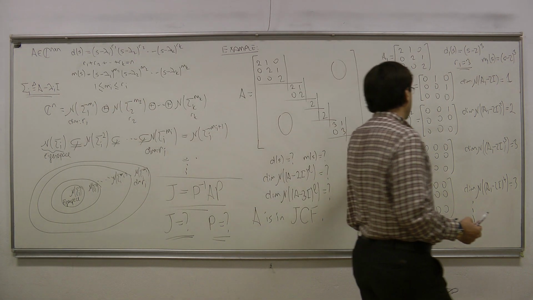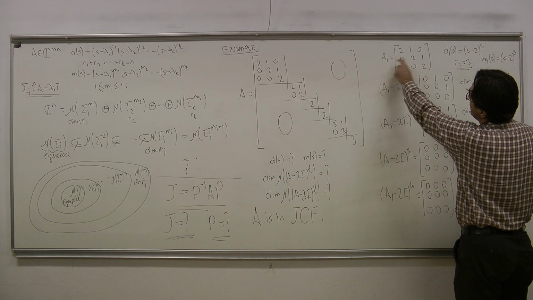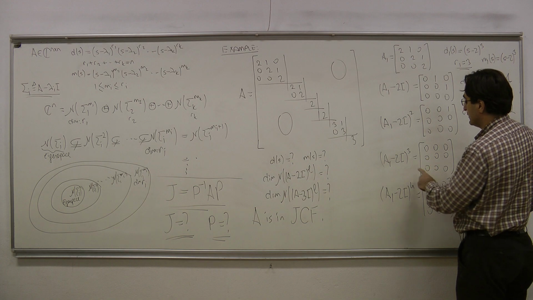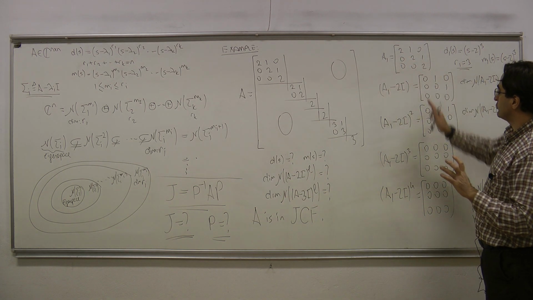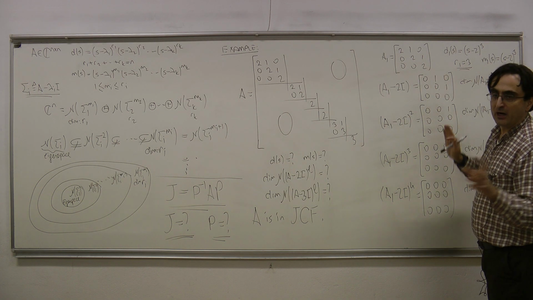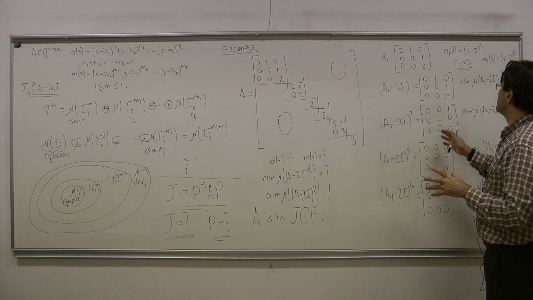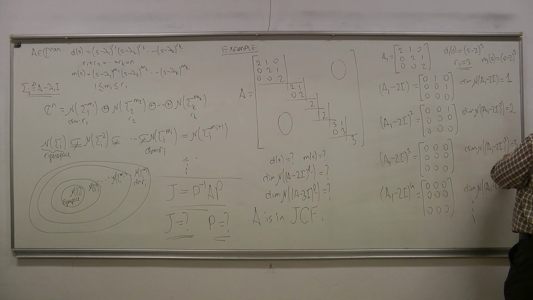Okay? Until we reach the power 3, which is the size of the Jordan block. This is a 3 by 3 Jordan block. If I did this to a 2 by 2 Jordan block, then we would obtain the 0 matrix at the power 2. Okay? And this is the largest null space contribution we can get.